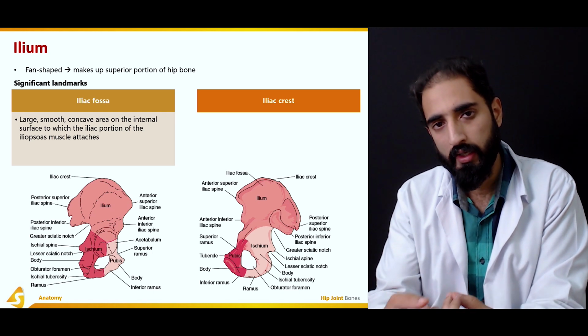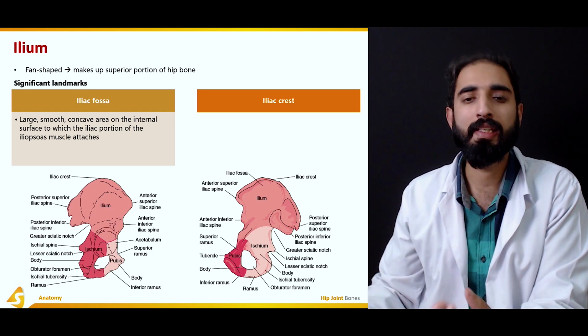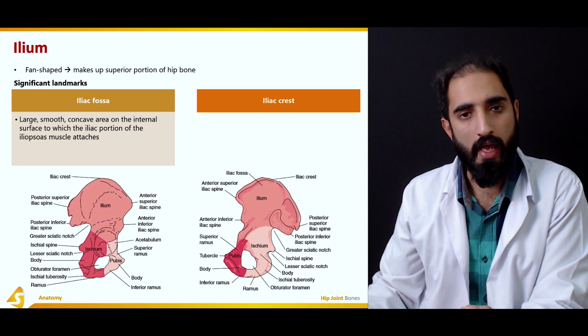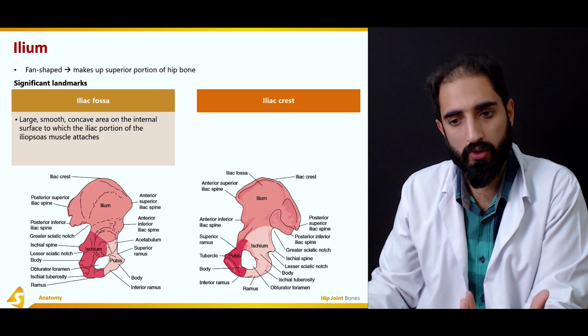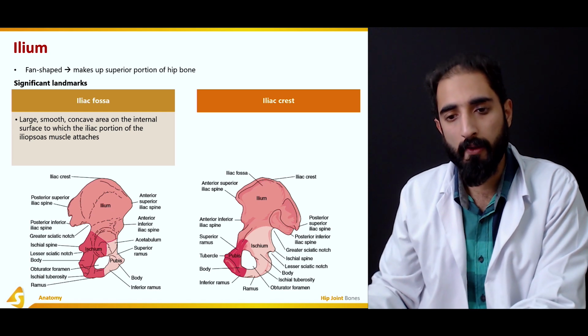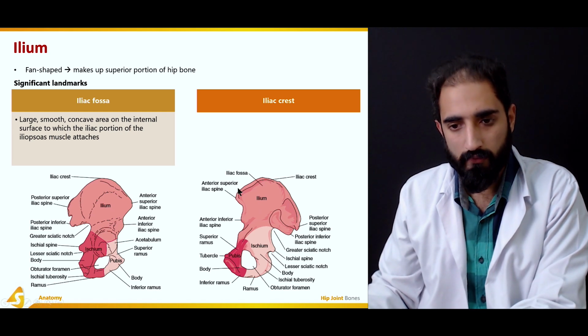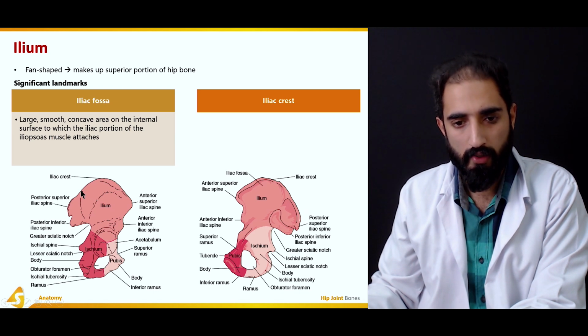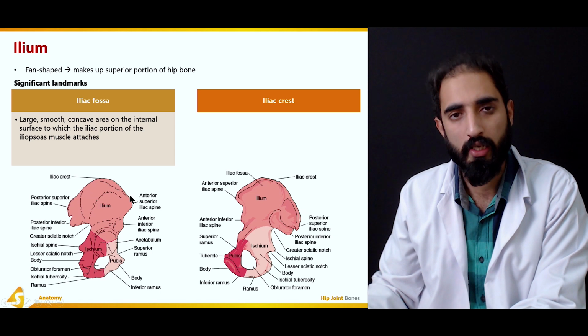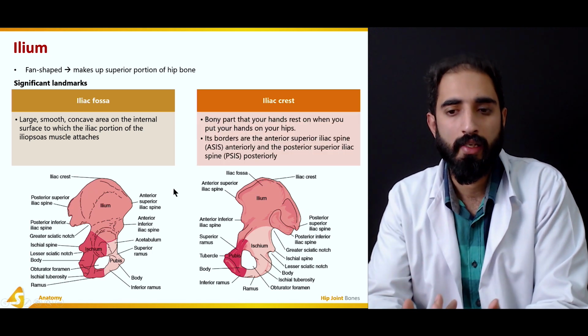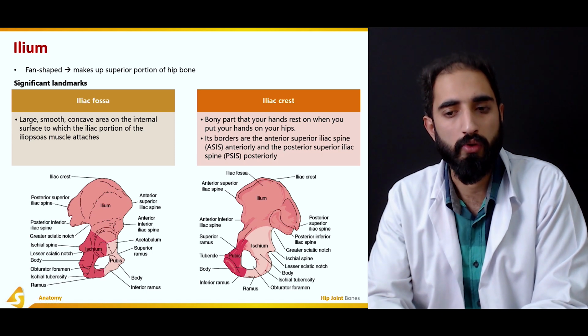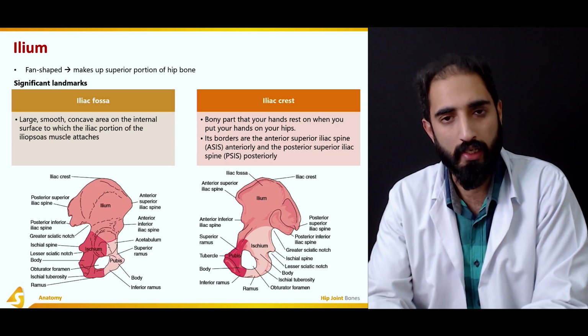It is perhaps the most easily identified structure and even the most easily palpable structure in the ilium. And this is the iliac crest. We can see this iliac crest on both the medial and the lateral view, and it is the bony part that your hands rest on when you put your hands on your hips when we are standing.